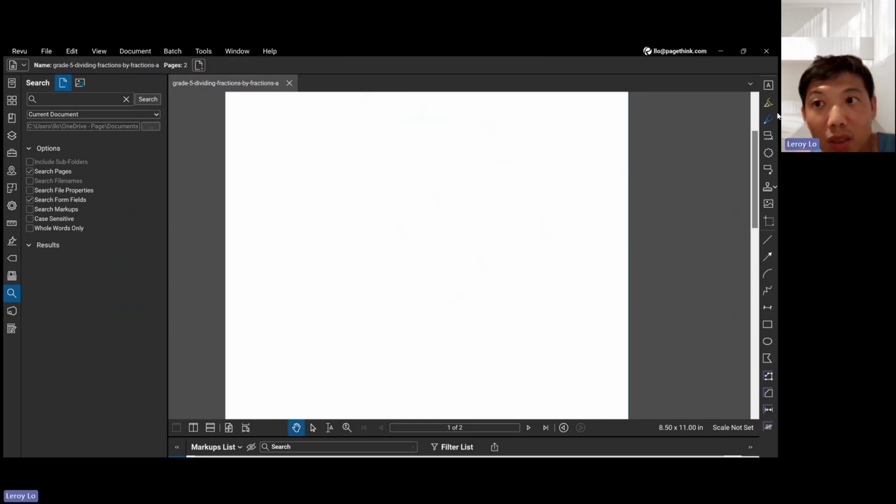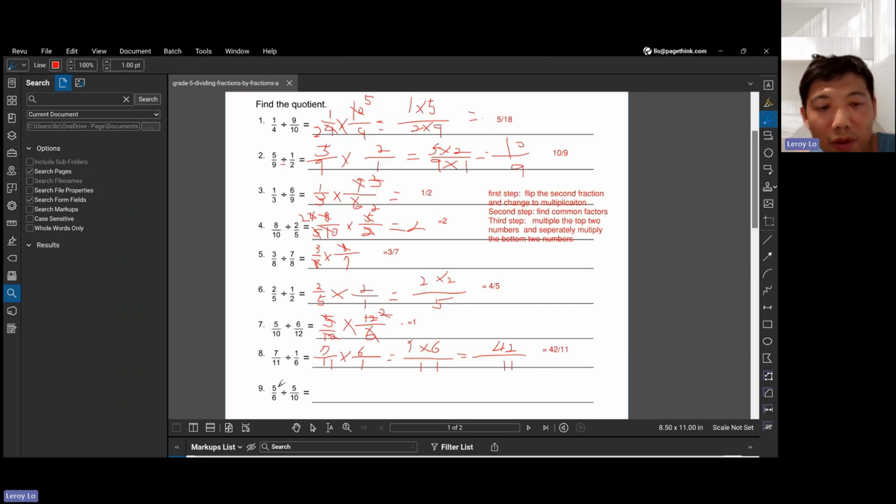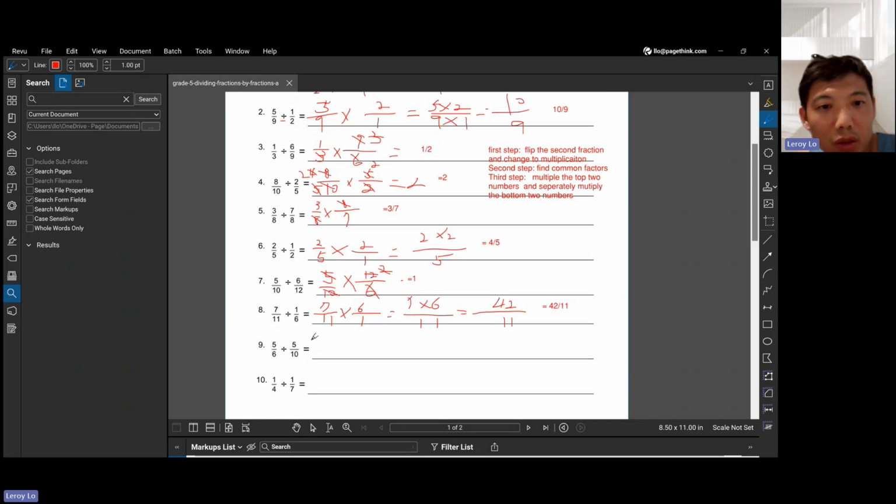Okay, next one. Number 9: 5 over 6 divided by 5 over 10. We put the same number here, 5 over 6. First step, change to multiplication from division, and then flip the second fraction, so 5 to the bottom, 10 to the top.